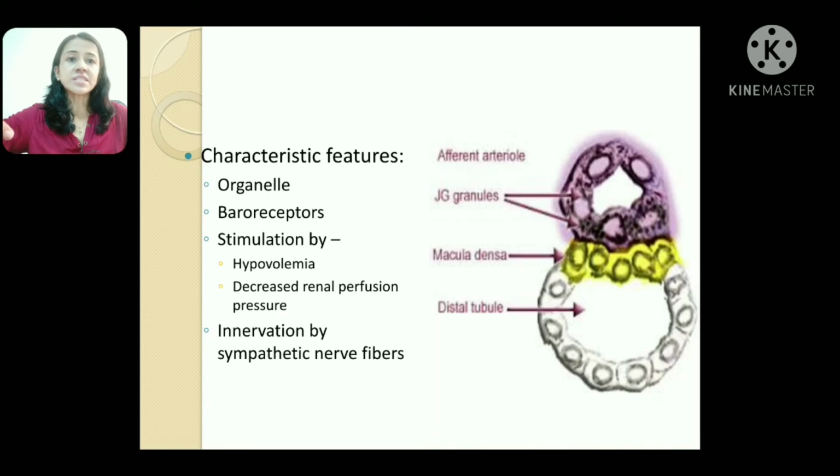These cells are stimulated by hypovolemia when volume decreases, as well as when there is decrease in the renal perfusion pressure. These cells are highly innervated by sympathetic nerve fibers, and they increase discharge on sympathetic stimulation.